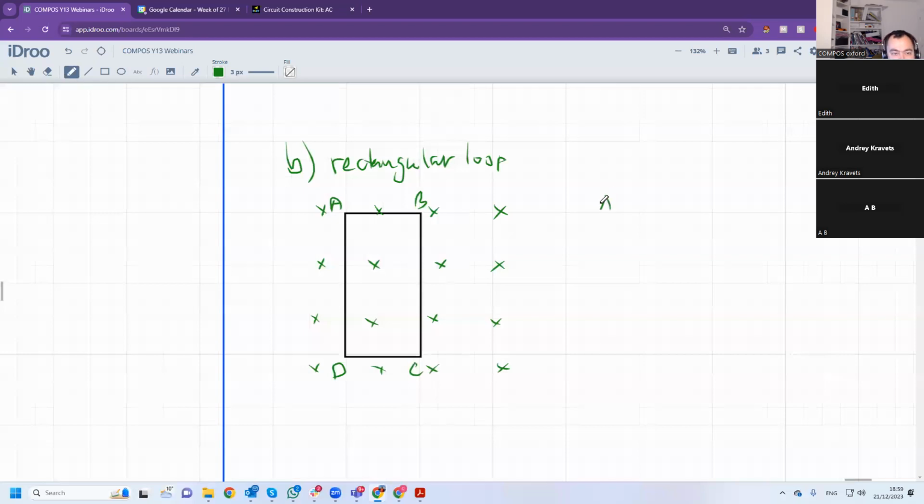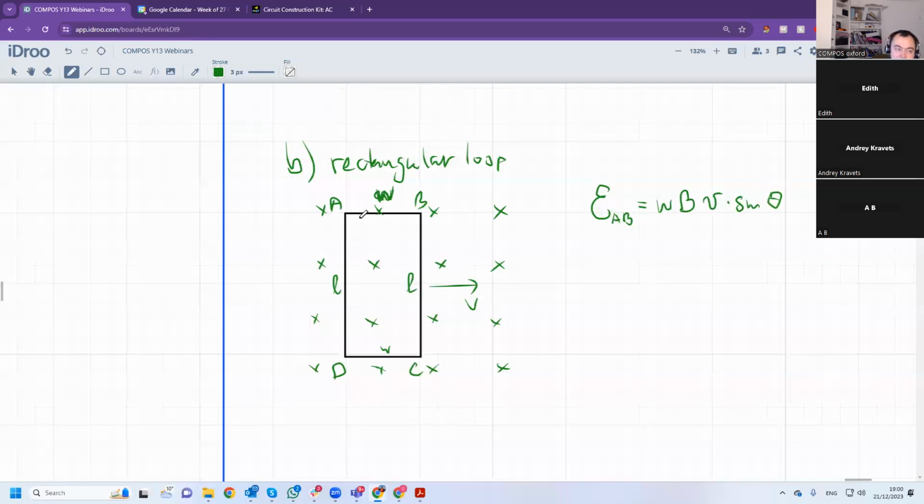In AB, the EMF in AB is equal to, let's call the width W and the length L, and the whole thing is moving with velocity V. It is equal to W, B, V multiplied by sine of the angle.